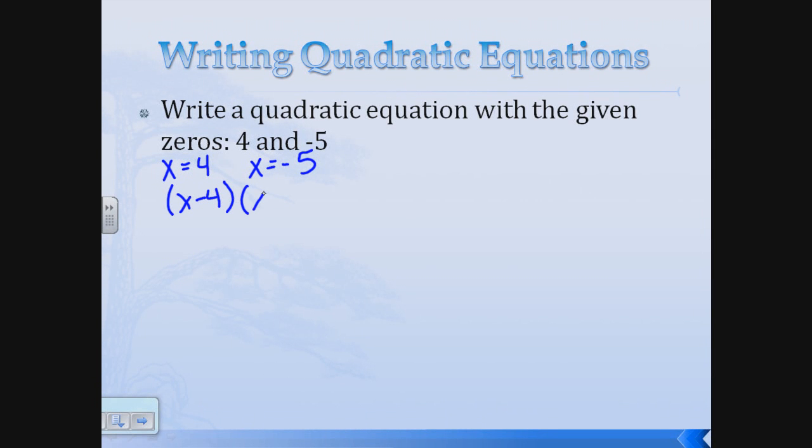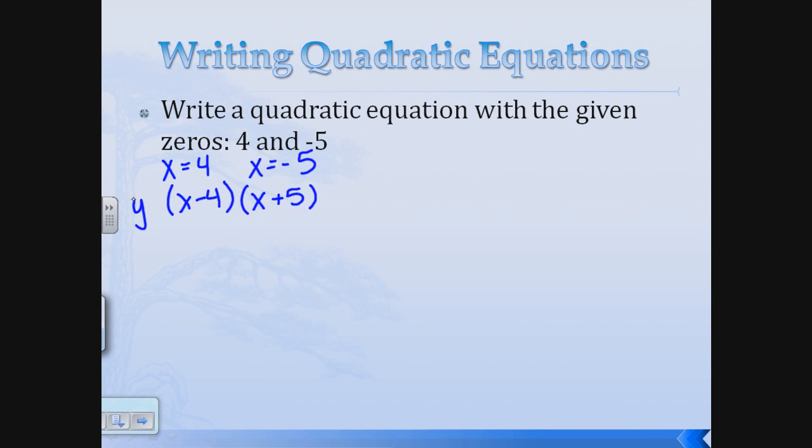And this would have been x plus 5. To be a 0, when plugged in, it has to make 0. So if I plug in 4 here, 4 minus 4 would give me 0. And if I plugged in negative 5 here, negative 5 plus 5 would equal 0.